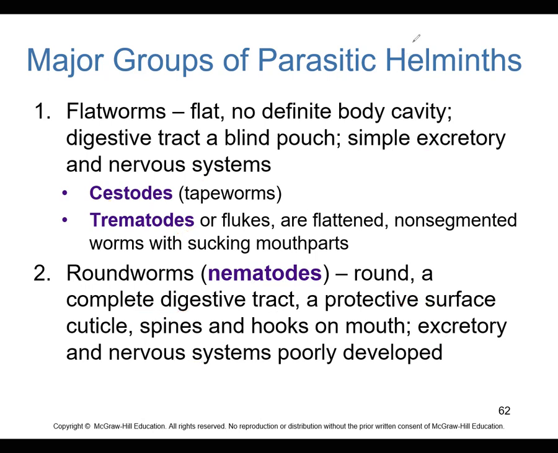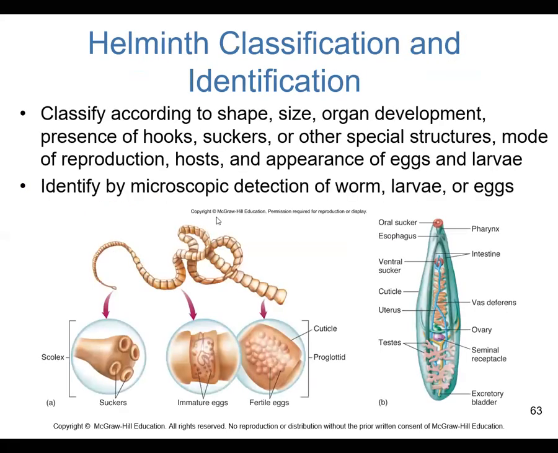Some examples of these, which is how we're going to classify them. We have our cestodes, which are the tapeworms, and all of these segments are pretty much just sacs for eggs, because that's their biggest thing. They just produce lots and lots of eggs. On your trematodes, which are your fluke worms over here, notice that a lot of these organisms are hermaphroditic.